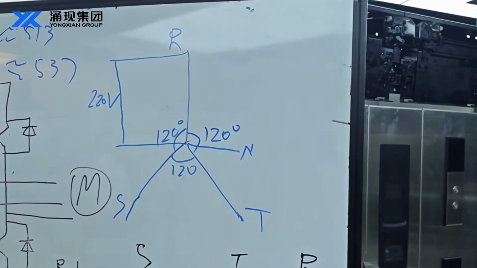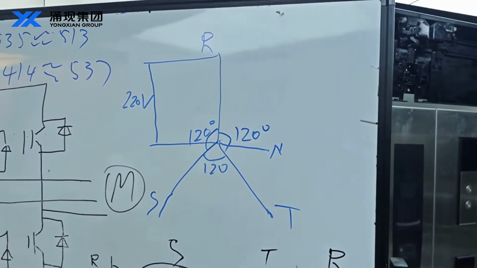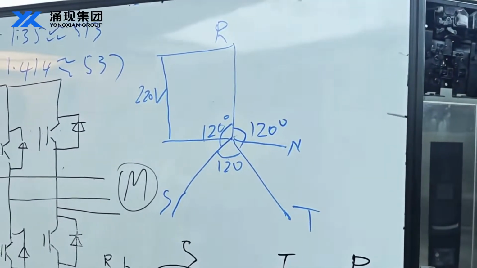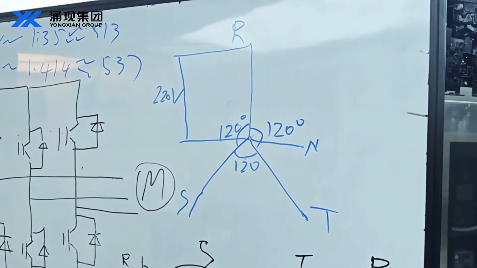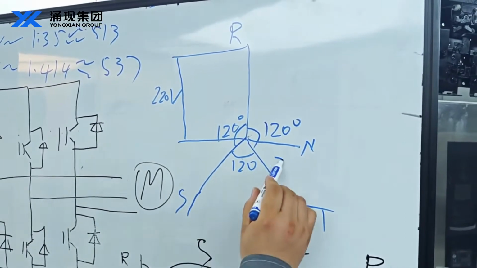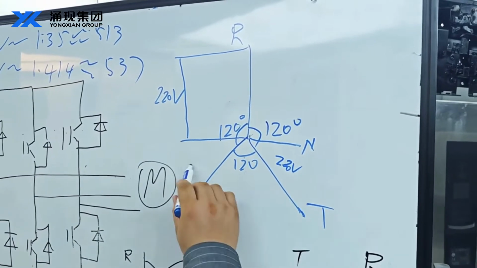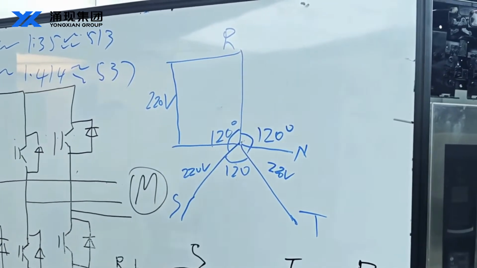So the voltage from R to the center point N is around 220 volts. S and T to the center point are also 220 volts.